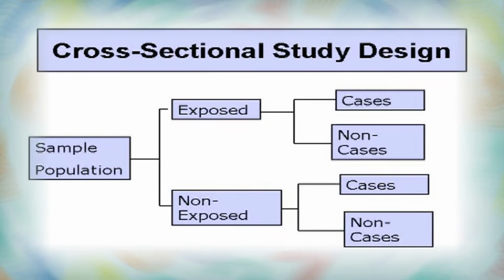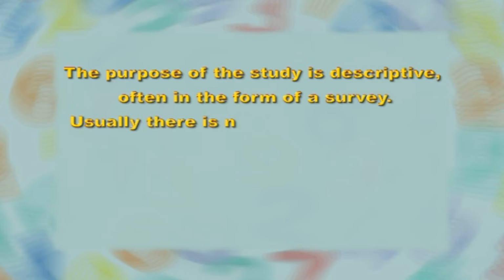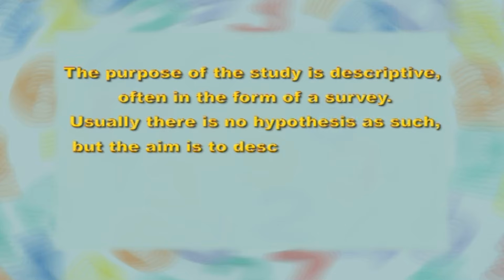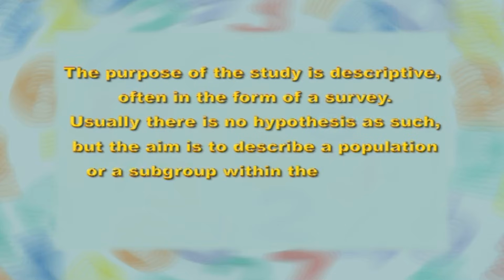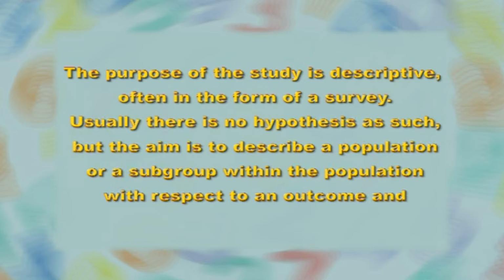A cross-sectional study design is used when the purpose of the study is descriptive, often in the form of a survey. Usually, there is no hypothesis as such, but the aim is to describe a population or subgroup within the population with respect to an outcome and a set of risk factors.